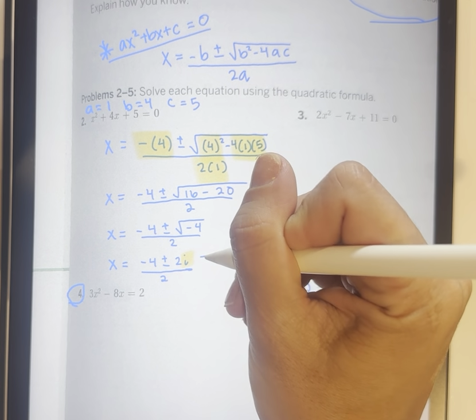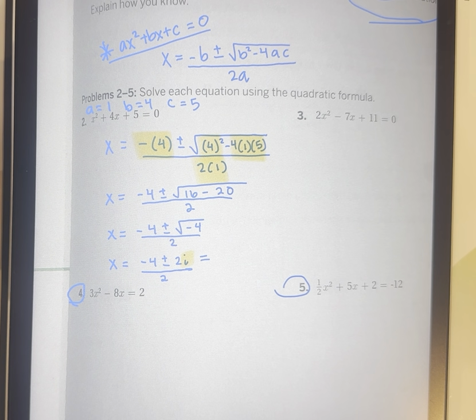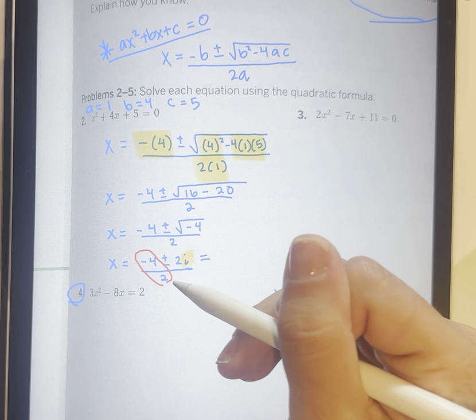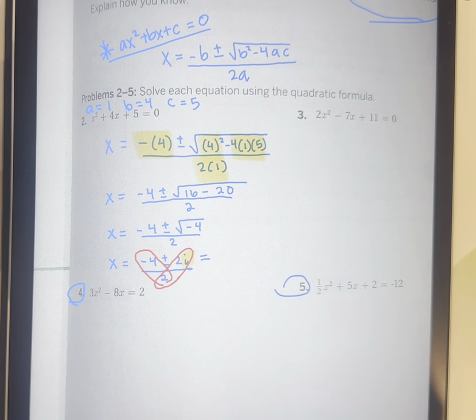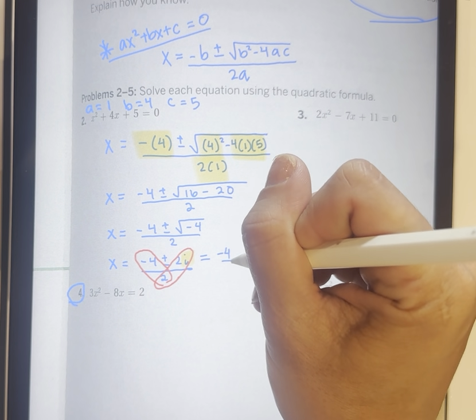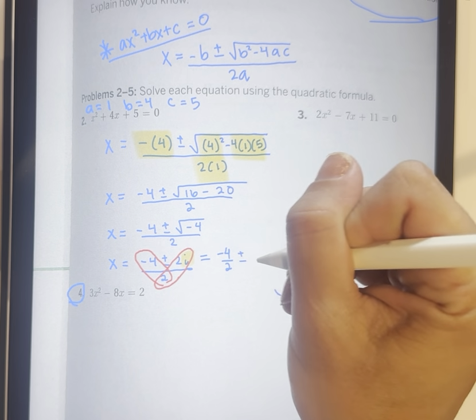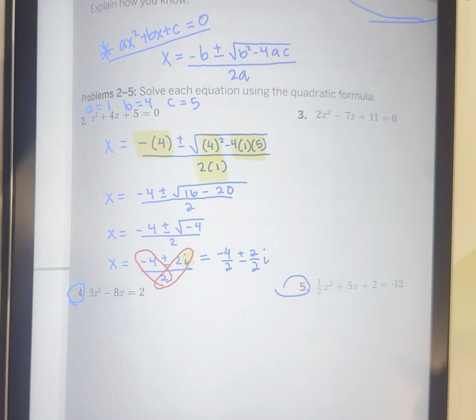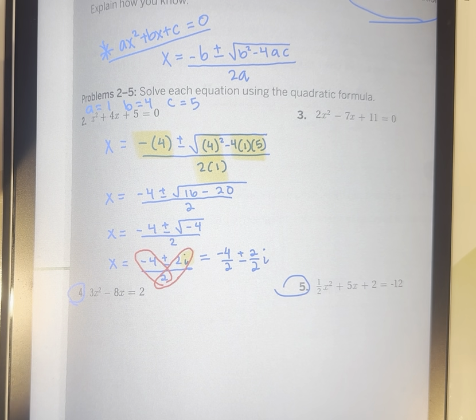So what you'll do here is you'll do a split like that. So you're going to get negative 4 divided by 2 plus or minus 2 divided by 2 i. See, now i is alone and not part of anything.